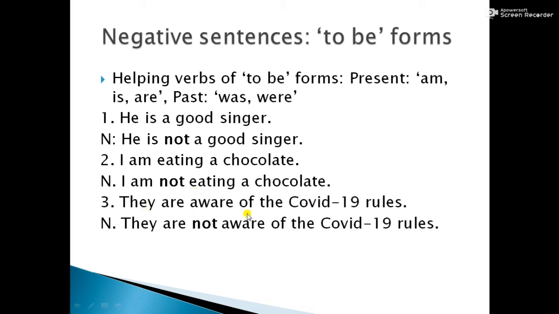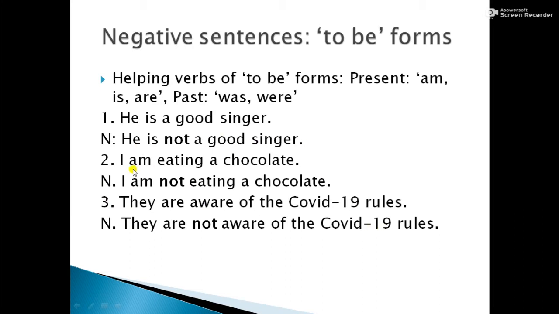They are aware of the COVID-19 rules. The negative sentence of this third positive will be, they are not aware of the COVID-19 rules. Let's see these sentences once again. First is, he is a good singer.